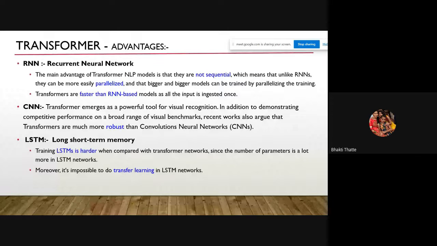Compared to CNN, transformers are robust. Compared to LSTM, that is long short-term memory architecture, LSTM is harder whereas transformer is easier, and transfer learning can happen effectively in the transformer, which is not possible with LSTM architectures.